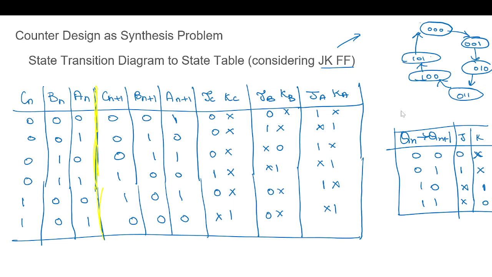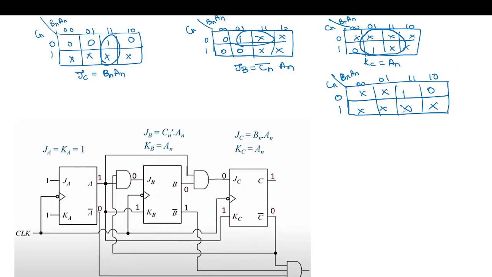Okay. KB is equal to A. So you can see AC, AC. And this is the decoding logic.